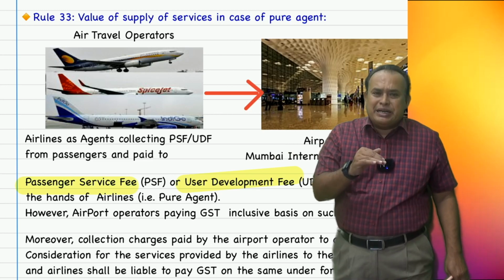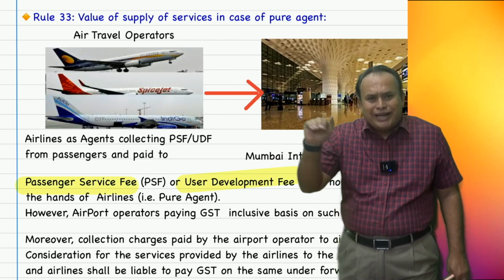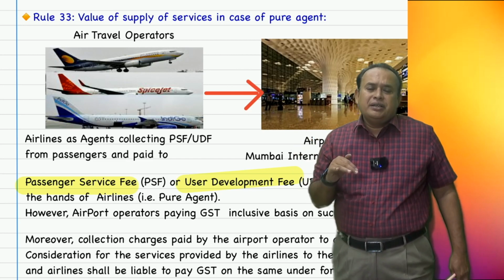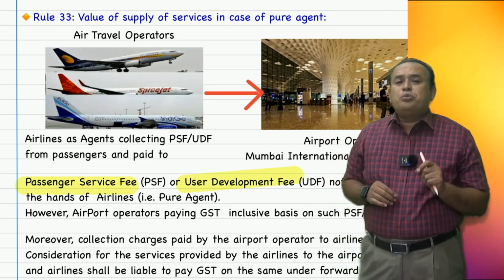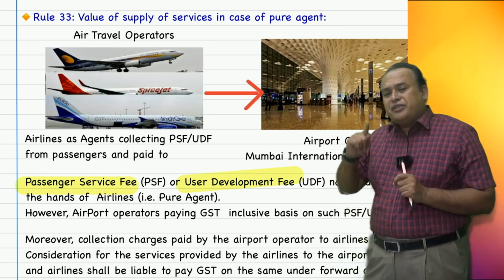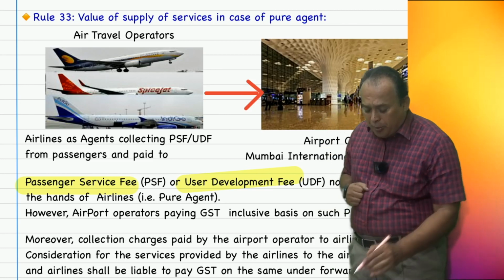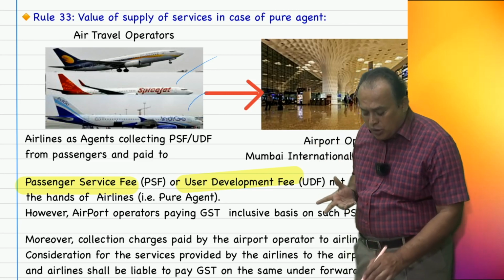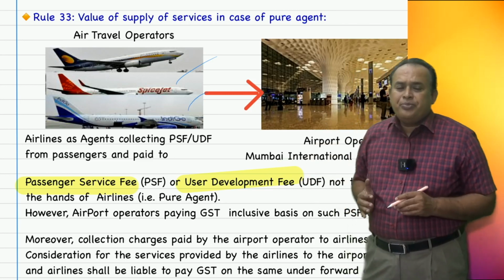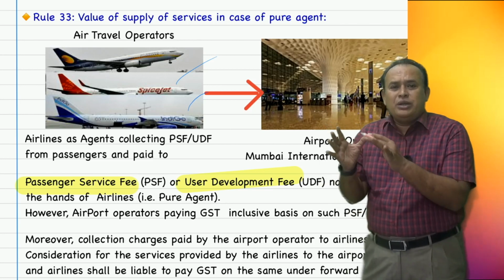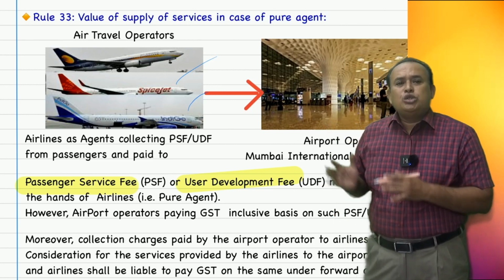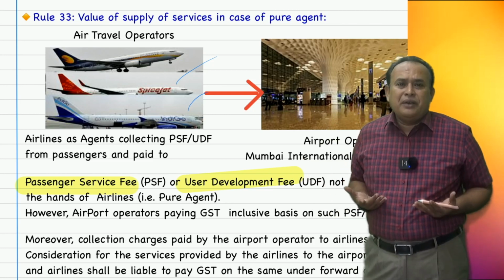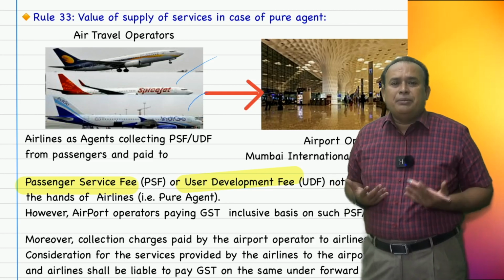It is too difficult for the airport operator to collect the passenger service fee directly from passengers. Therefore, the airport operator requested air travel operators like SpiceJet, who operate their aircraft, and Indigo, in their airport. They said, your passengers come to my airport, and I am providing various services freely, and it is not free of cost for me. Therefore, I want to charge them.